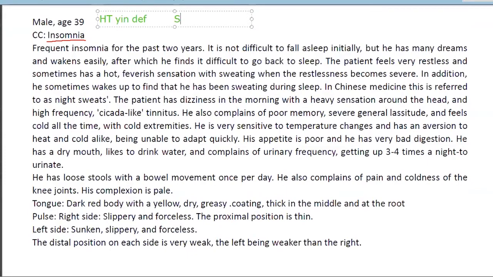And the kidney yang deficiency. So in the book, they separate talking about blood and yin deficiency.